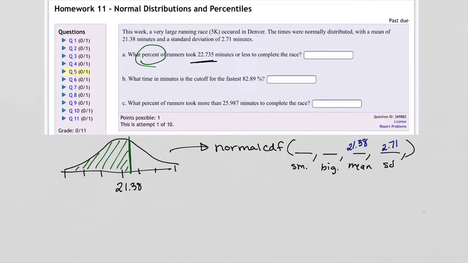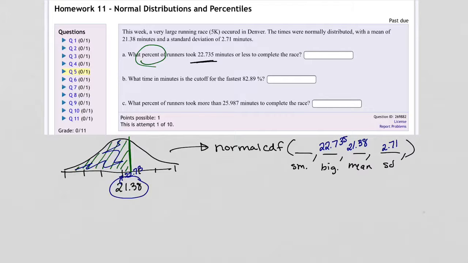Now the smallest and the biggest numbers we have to think about a little bit more. We can just see that the biggest number, the top of this shaded range, is 22.73. Remember I drew this line at 22.73. This was for the mean, which is right there. So the biggest number I'm interested in is 22.735.